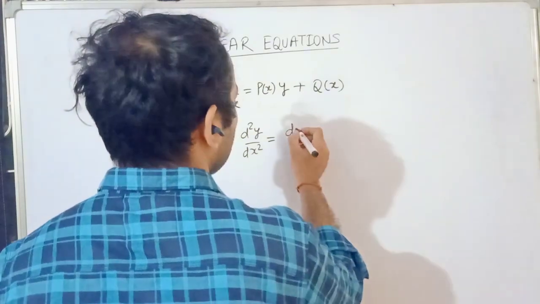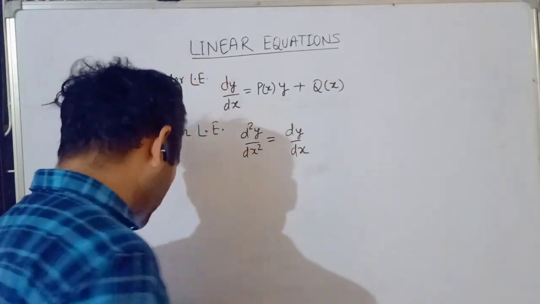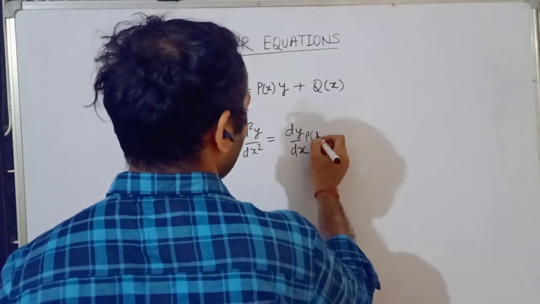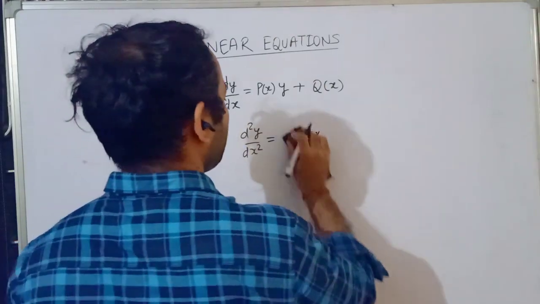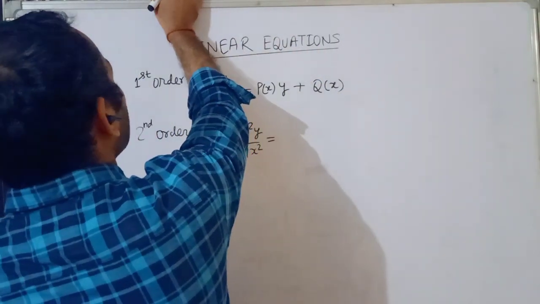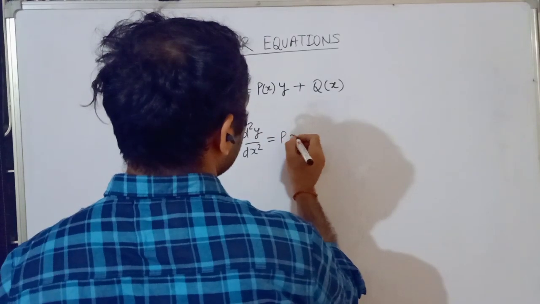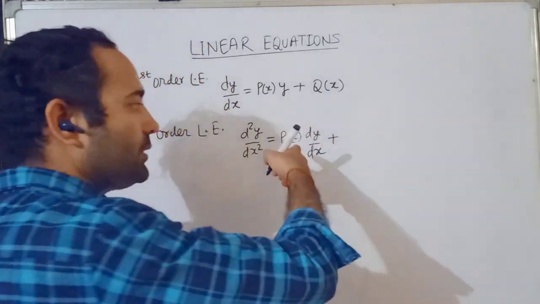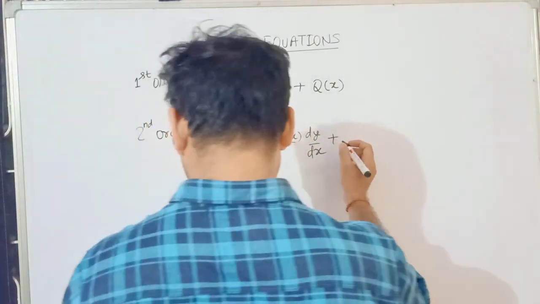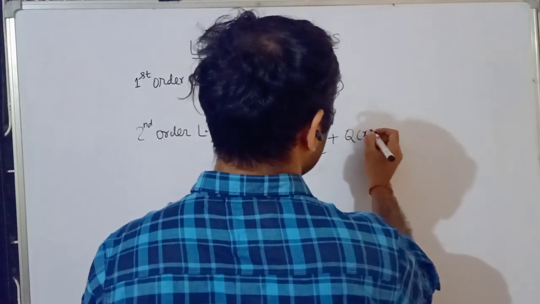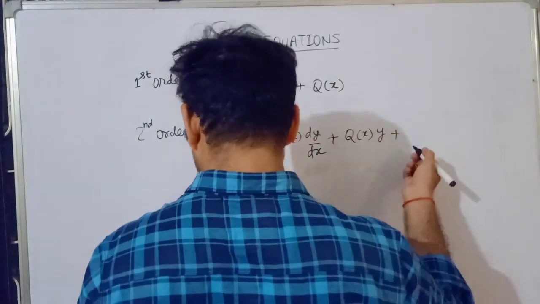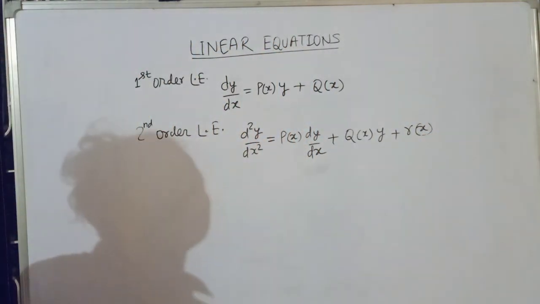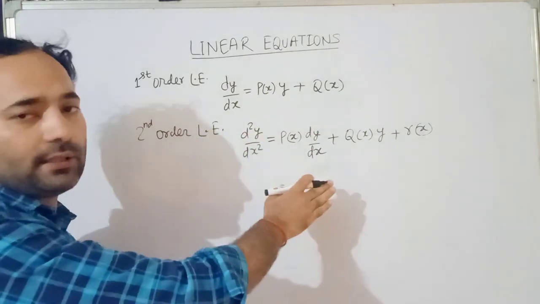So p(x) into dy by dx, then the lower order term would be y, which we can choose, q(x) into y plus some other function. Okay, so this is how you define a first order and a second order linear equation, right?